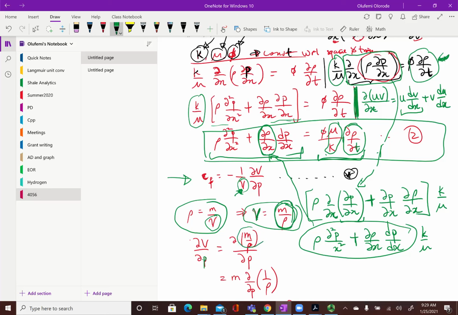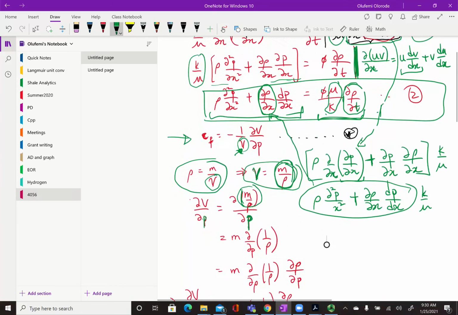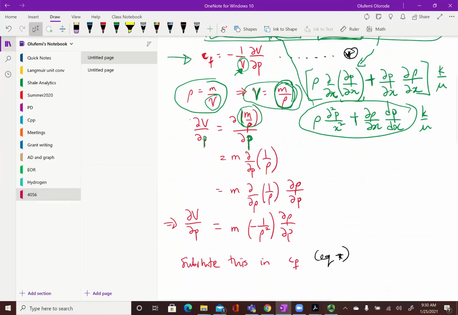Mass is constant with respect to pressure, since mass is conserved, so you take the mass out and you're left with the derivative of 1 over rho with respect to pressure.